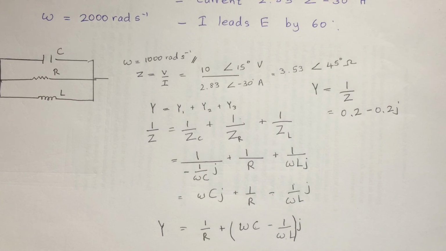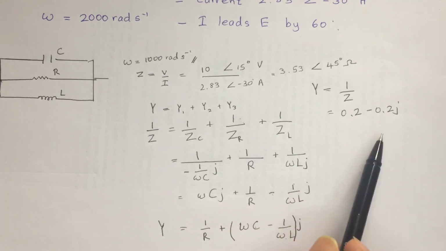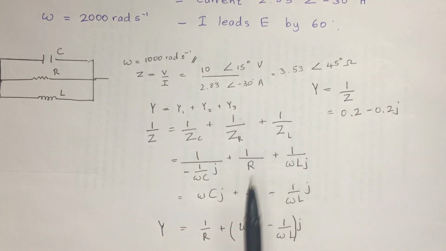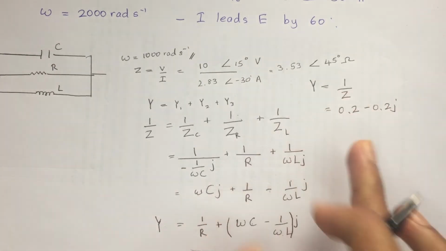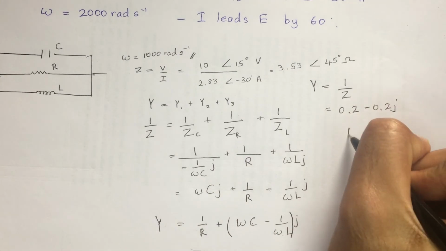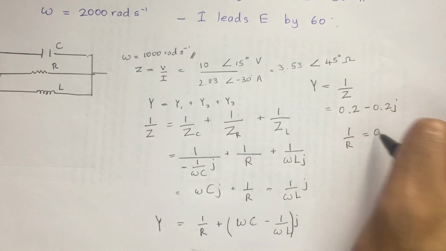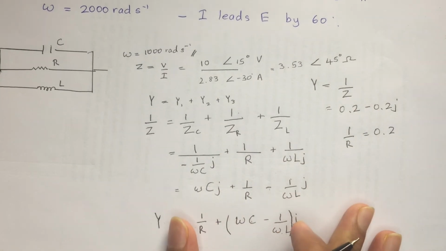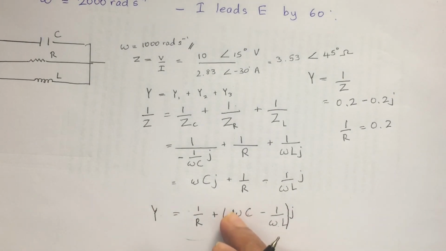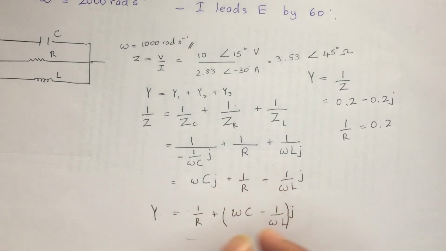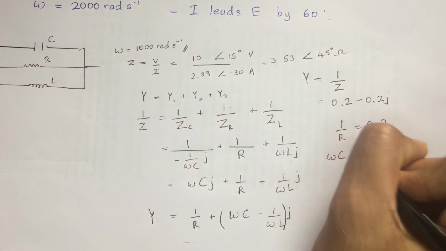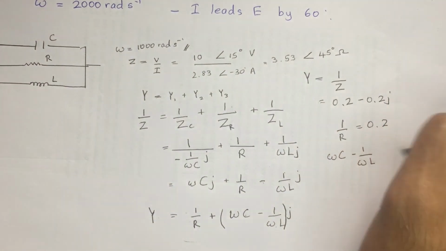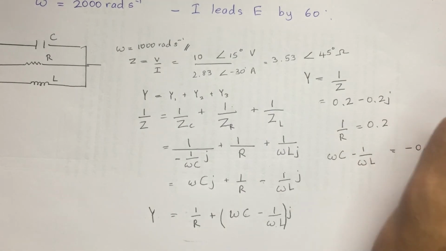Now you can see over here that we can compare this part with these final values. If I equate these two, I get 1 over R equal to 0.2. Yes, the first part I have successfully done. The next part, I'm going to compare the imaginary parts' coefficient, omega C minus 1 over omega L, which would be equal to minus 0.2.